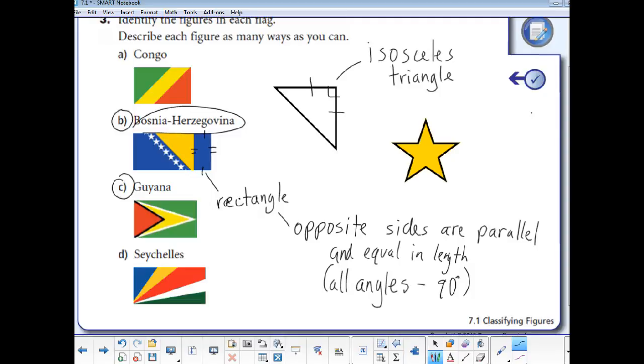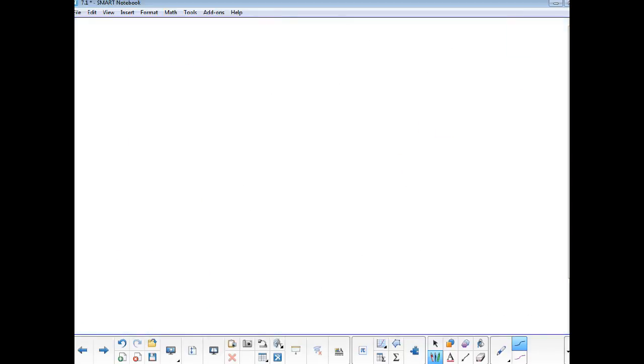Then we have this blue shape here, and that looks like a trapezoid. I'm going to make a new page for that and draw that out here. It looks like this. Let's try that again. There we go, that's a bit better. So that's a trapezoid.